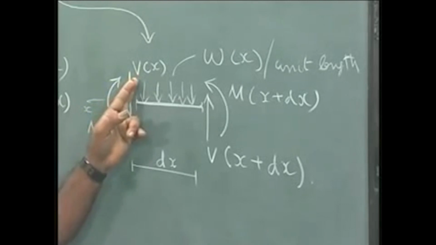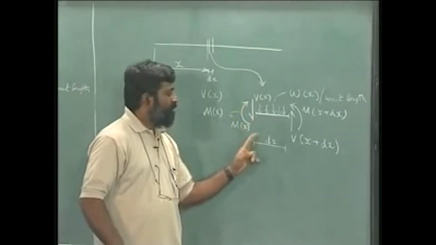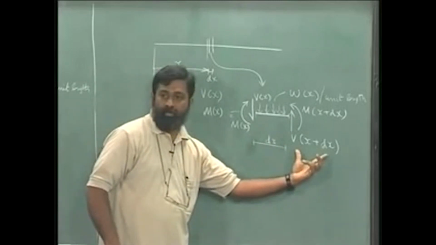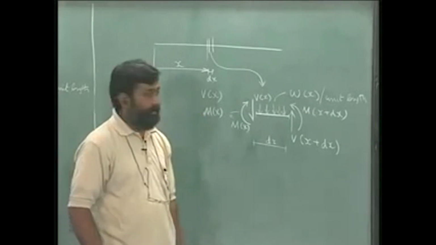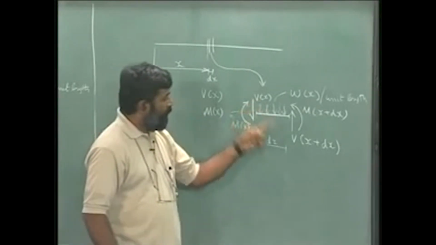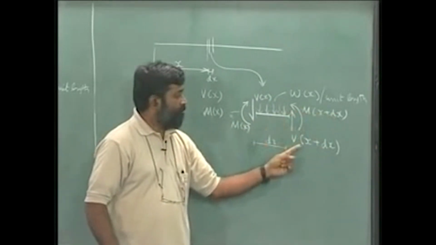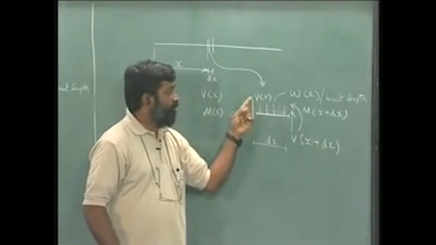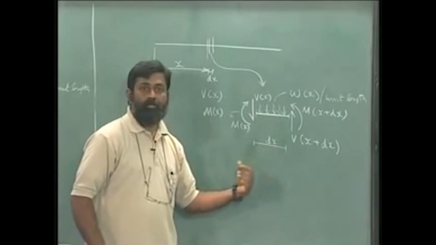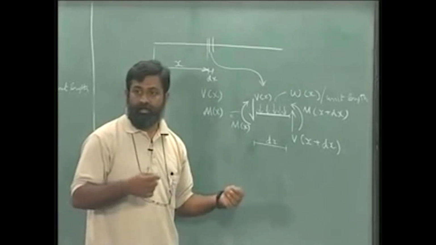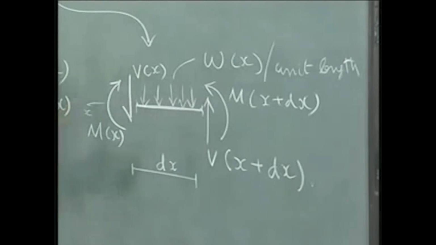If V is varying from x to x plus dx, this will show up as a different value compared to this by a small difference in the value. And if I can connect these M of x plus dx, V of x plus dx to V of x and see what we get, this may probably give a sense of the relationship between shear force and bending moment. Let us do that exercise.